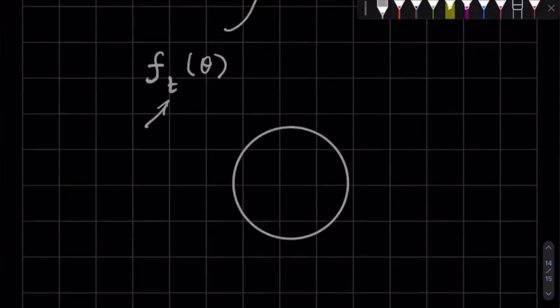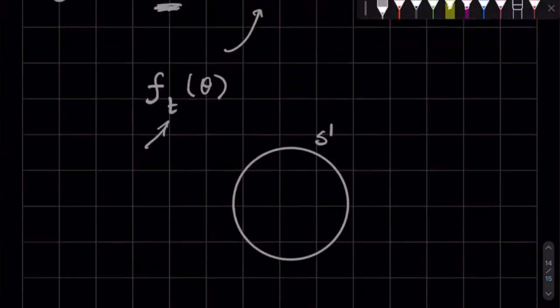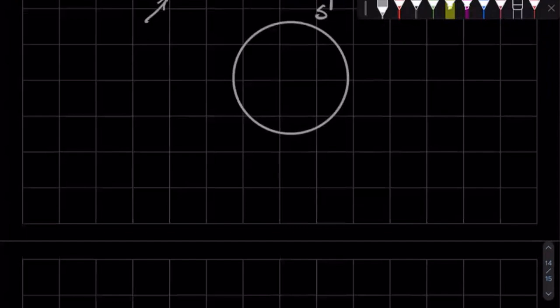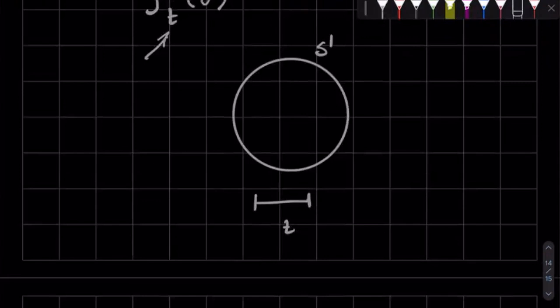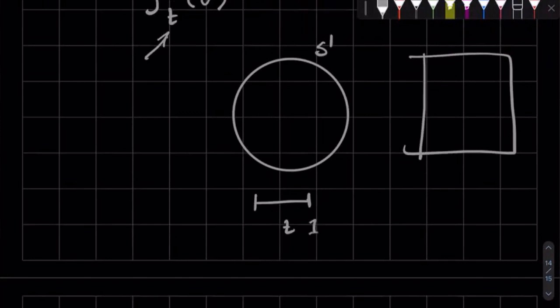Suppose this is our first circle, and this is t, and this is our manifold. If I am at t equals 1, the map is going to be this circle. But if t is 0, then the map is going to be this point.